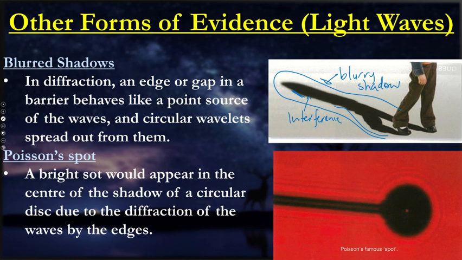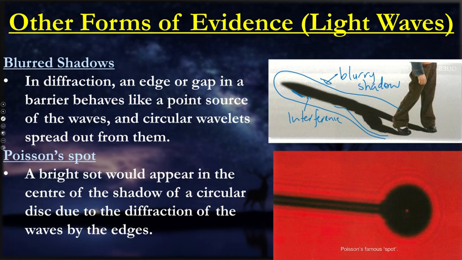If light behaved like a particle, you should get really sharp shadows. You should almost get a perfect shape around your hand, like if you were spray painting. But you don't see that. You see blurry shadows. You can only explain that if light diffracts and interferes with itself. We also have the Poisson's spot.